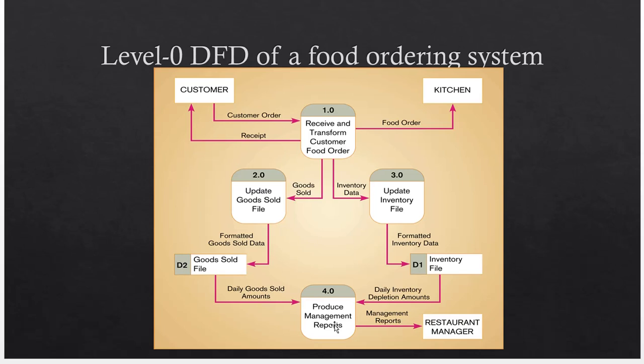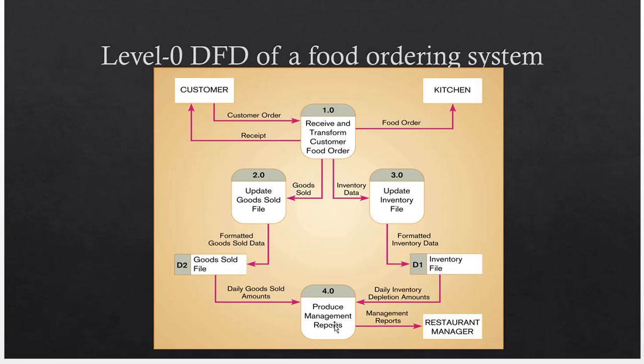So the data, when it comes from our external entities, so for example, if it comes from a customer, the data is supposed to be received by the system and then maybe produces that food order. So we have taken an action, we have produced a food order, and then we have also taken that data and subtracted it from our inventory to show that we now have less burgers in our system.